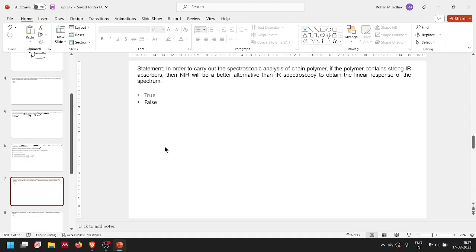This is because overlapping of the components can be somewhat resolved in NIR spectroscopy, and spectra of individual components are additive in nature in NIR spectra. So that's why it will be more easily resolved. So yes, it is true that in presence of strong IR absorbers, NIR will produce better results than your standard IR spectroscopy.